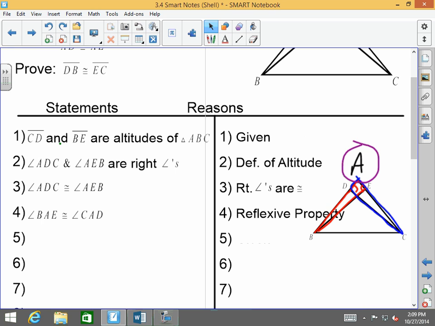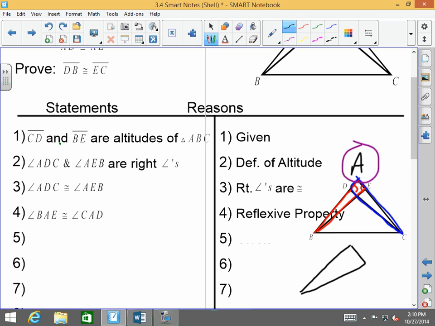If it helps you, let me go ahead and do this for you guys. Let's go ahead and isolate this. So this is a right angle. And let's go here like this. Sometimes separating it really helps out.